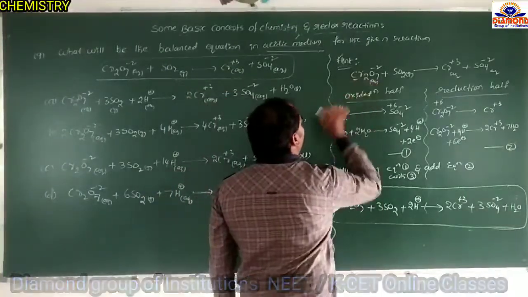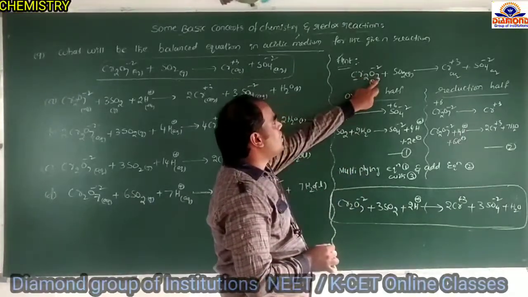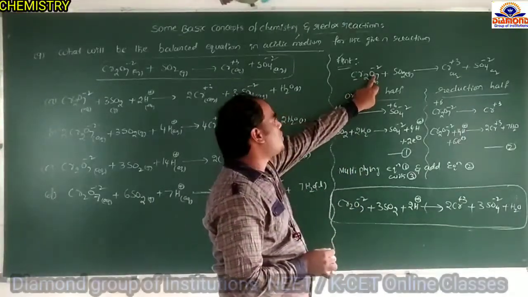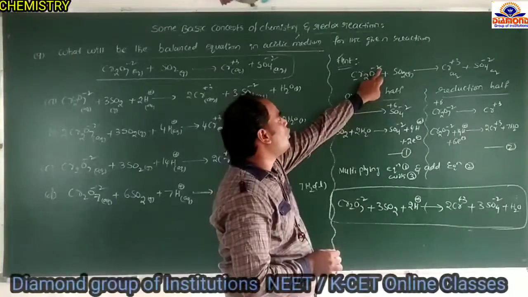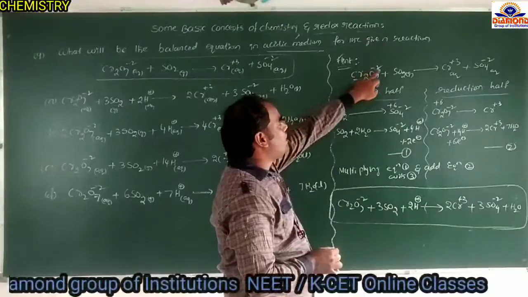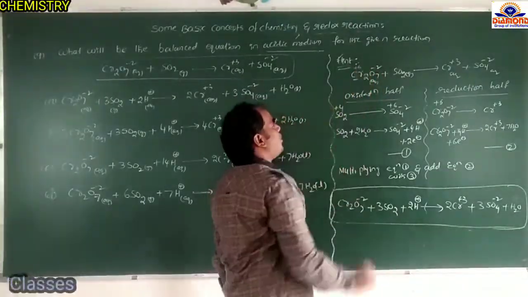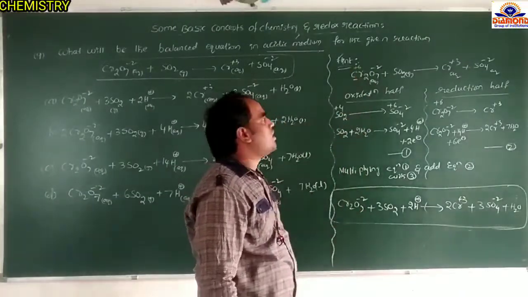Here chromium is 2x. 7 oxygen, oxidation number -2, 7 into -2 is -14. So -14 plus the charge -2 gives -12. Therefore 2x equals 12, x equals +6. Therefore here chromium oxidation number is +6.